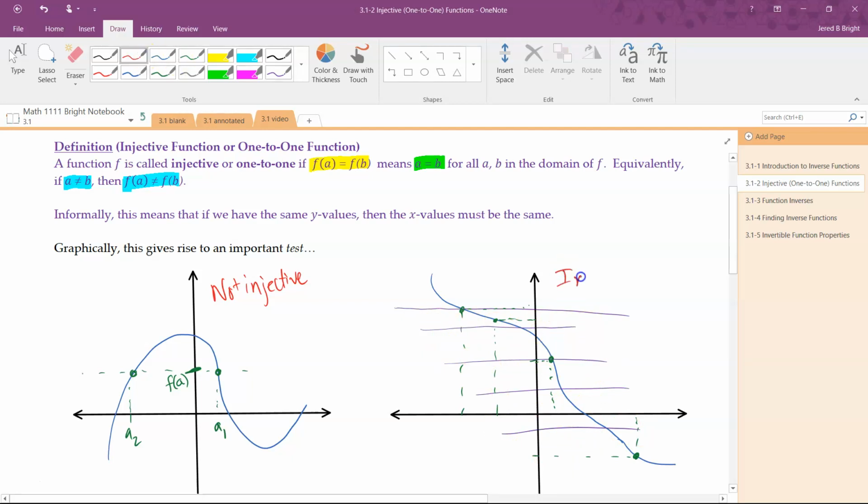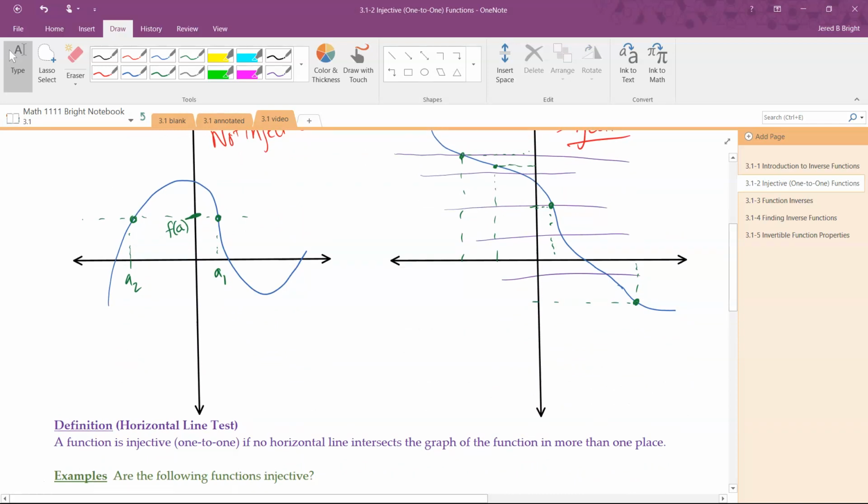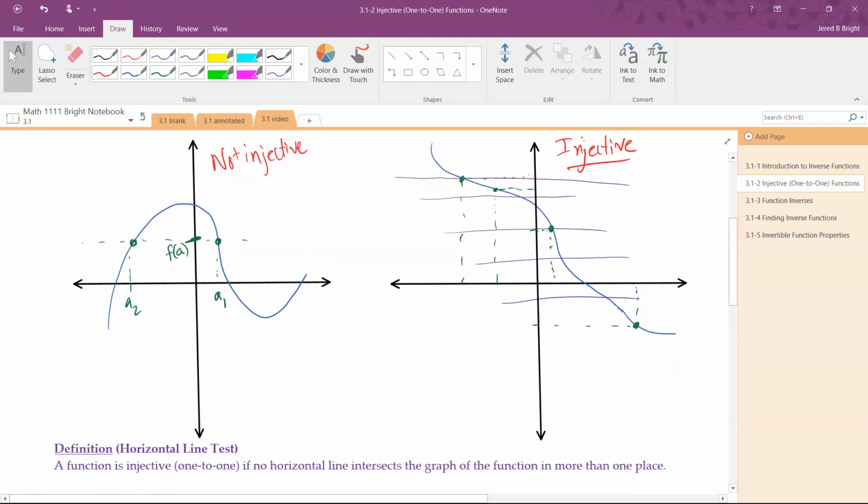So if it ends up passing that horizontal line test, we would say it is an injective function. And so that's what I was just alluding to down here. Okay, so a nice way to check for this one-to-one property is if you have the graph of a function, no horizontal line should intersect the graph more than once. Okay, and then it'll have this injective property.